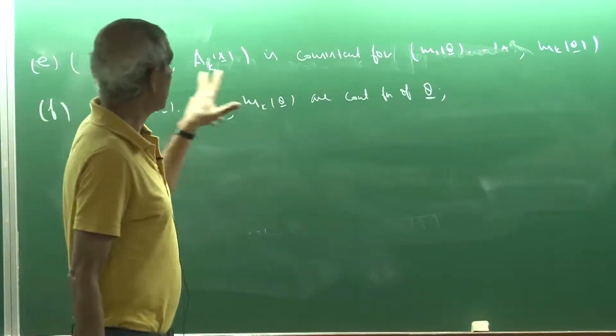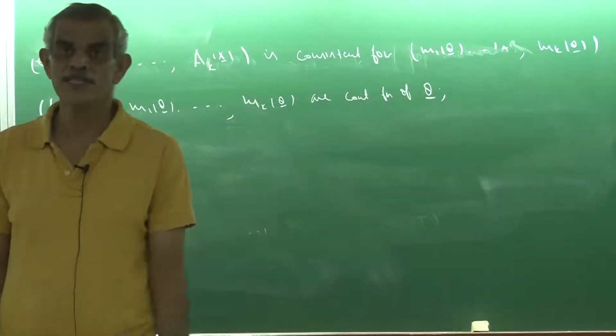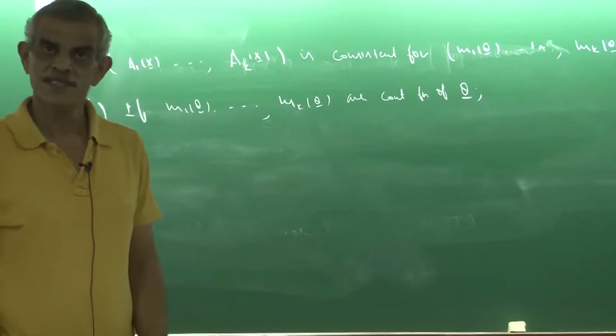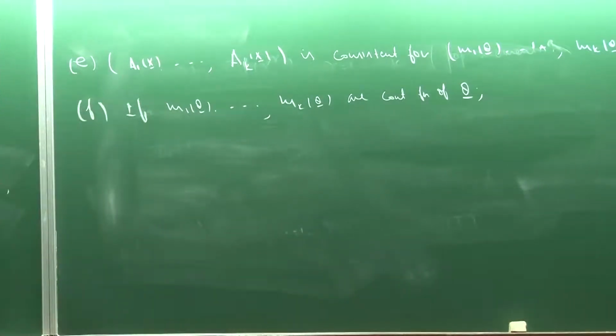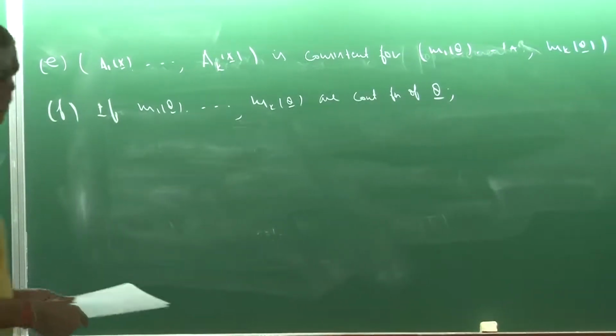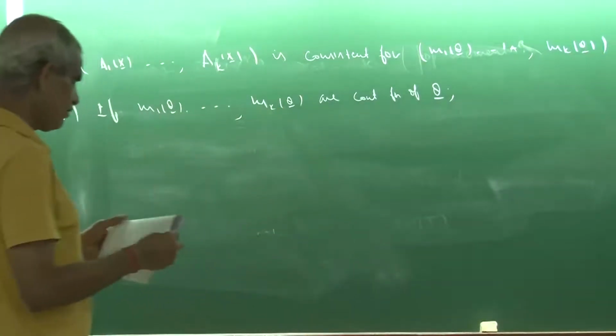And I know that A is consistent for M. The inverse image is also continuous. So convergence in probability is preserved under continuous transformations. So this would ensure that theta hat is consistent for theta.